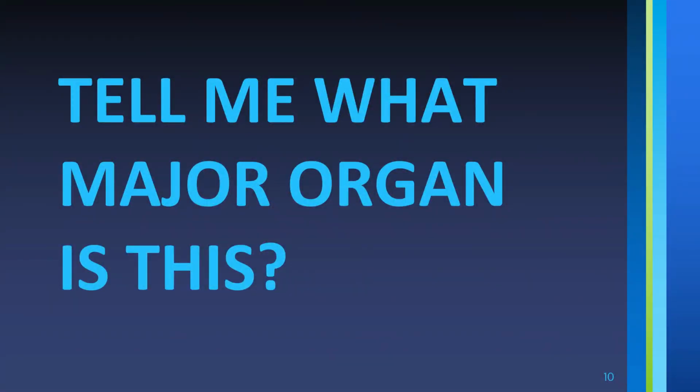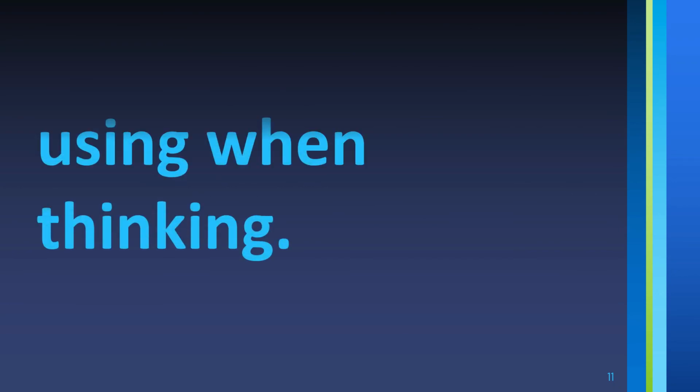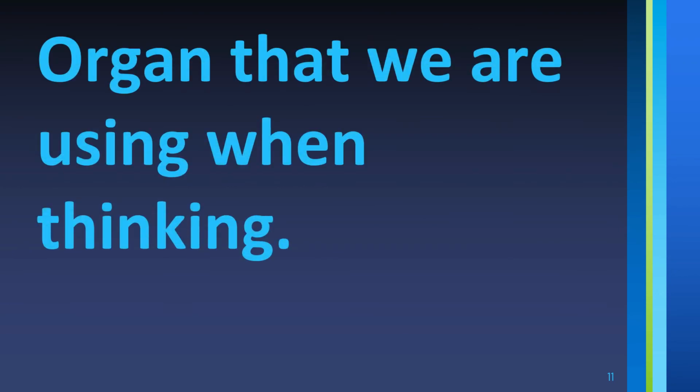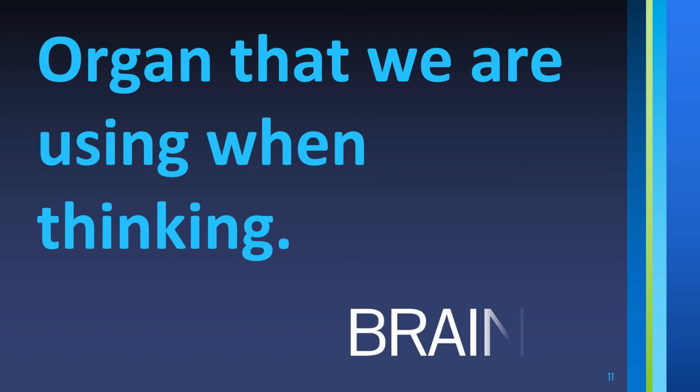So, here, we have here a game. Tell me what major organ is this. Okay, tell me. Don't cheat, okay? So, the first one, organ that we are using when thinking. Okay, brain, very good.